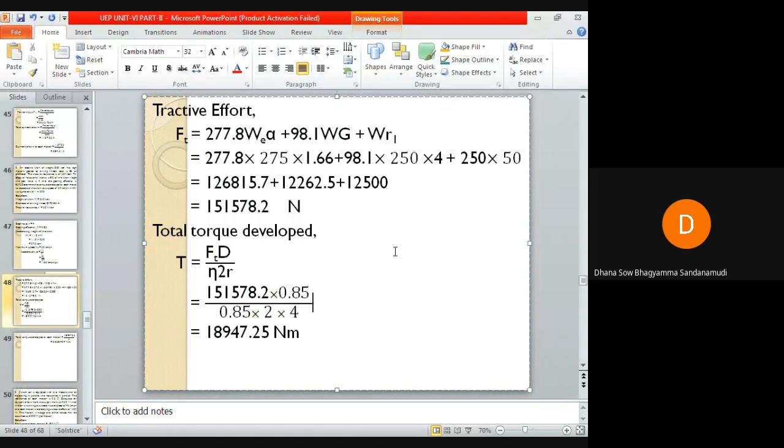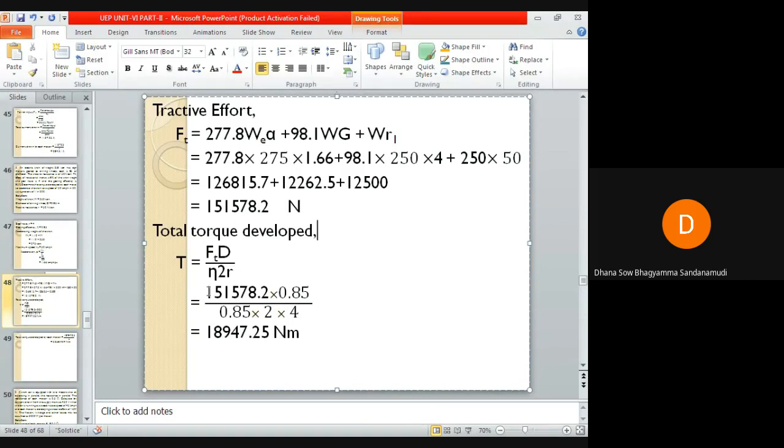Usually we use the term R for resistance, that's why I'm sticking to this term R. So this is the gear ratio, that is 4. And what is this G? G is the percentage gradient, that is 1 by 200 into 100. You just solve it, you will get the G value.